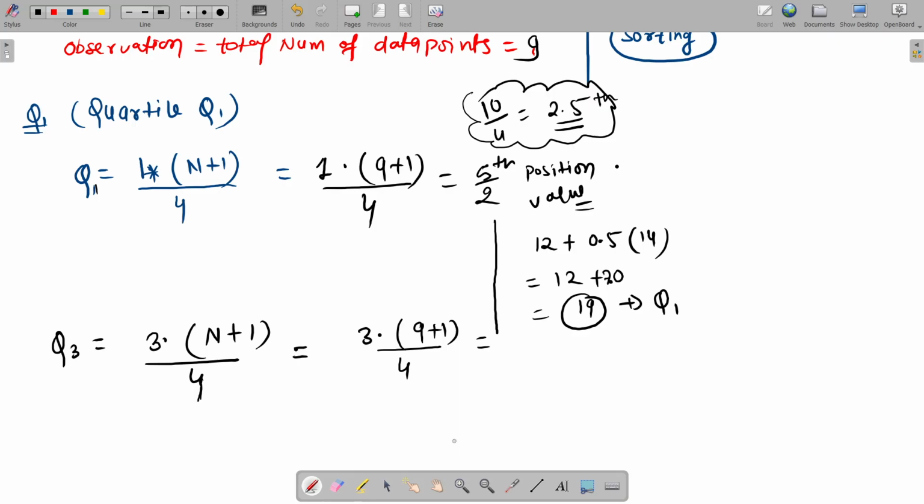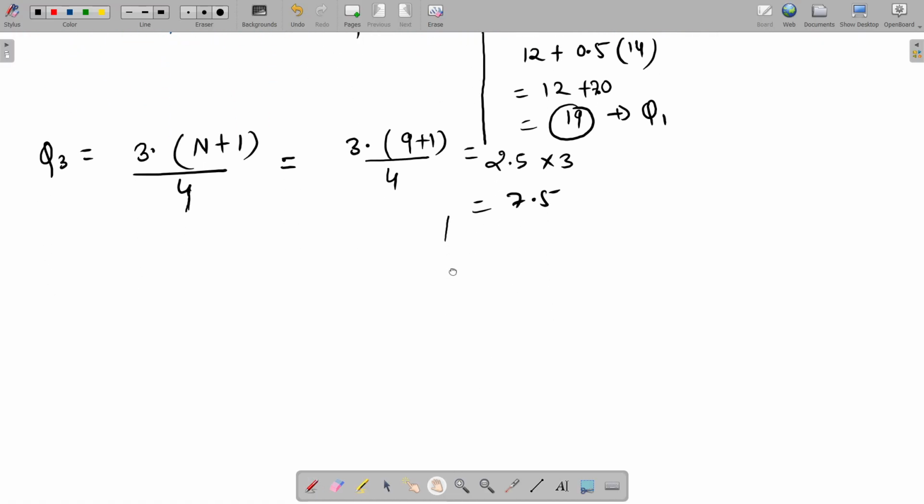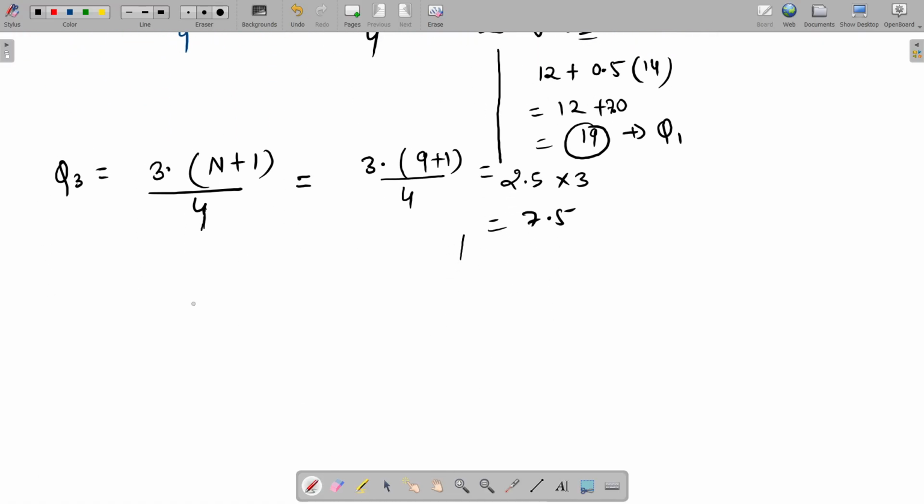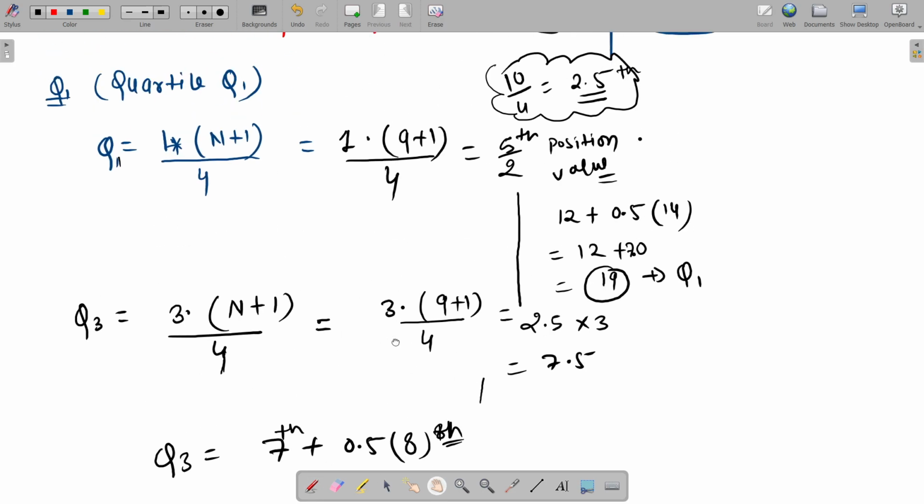In the same way we will calculate our Q3. So what will be our Q3? 2.5 into 3, that means 7.5. 7.5 means Q3 will be the 7th position plus 0.5 of the 8th position value.